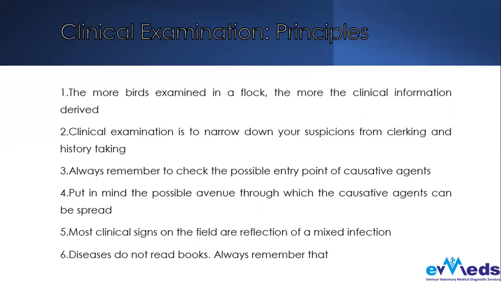Or you are seeing greenish diarrhea, nervous signs, and some other respiratory infection, and then you say this must only be Newcastle disease. You cannot just narrow it down, because diseases don't read books.